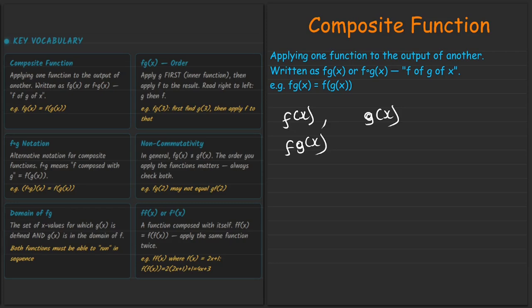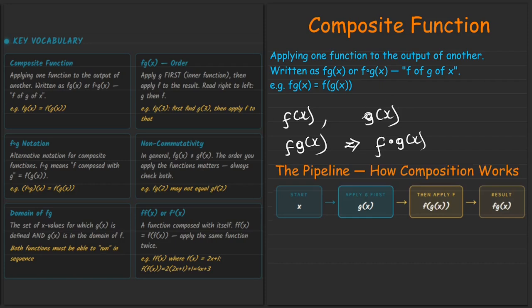So this here can also be written as f of g of x. These are the basic or standard notations that we need to understand. So how does this even work? Just as I said, you have g of x and you have f of x.